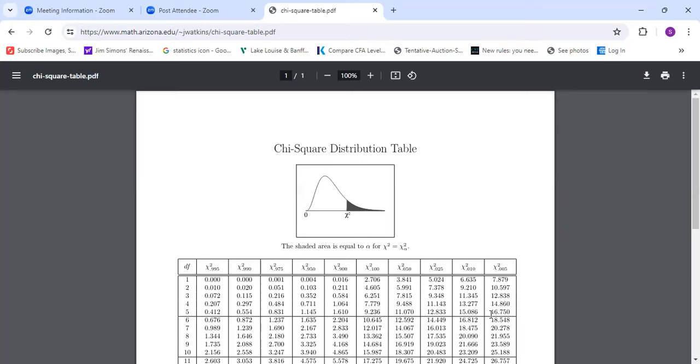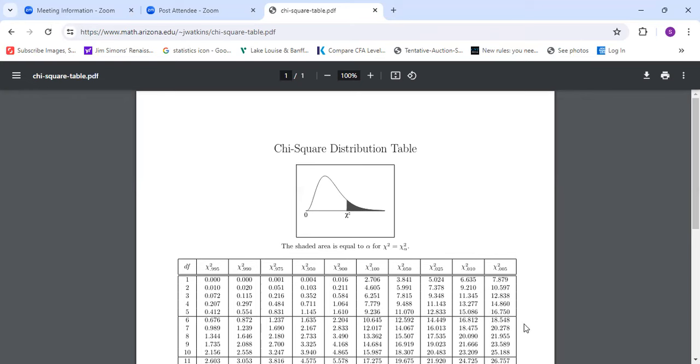Okay. Similarly, I will draw a horizontal line through 7 degrees of freedom in the first column and a vertical line through chi-square 0.025. That is the third column from the right.